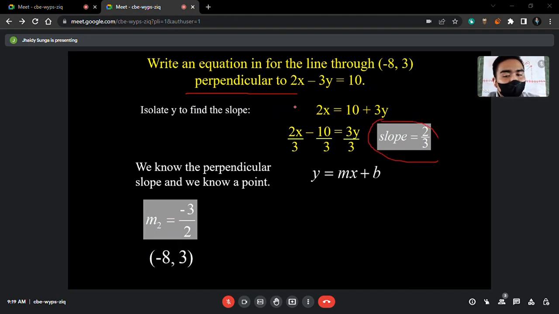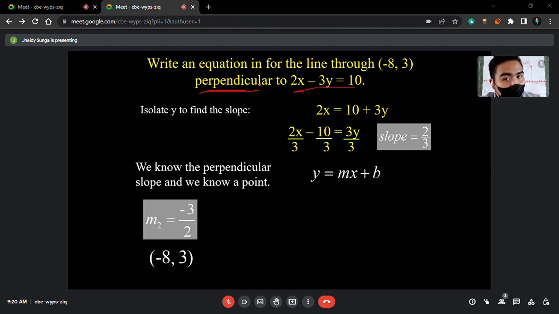Okay, so if you are going to find the equation for this slope, you are going to use this slope. But in this case, we are to find the equation of the perpendicular line.